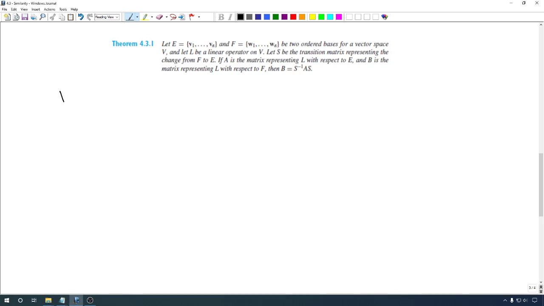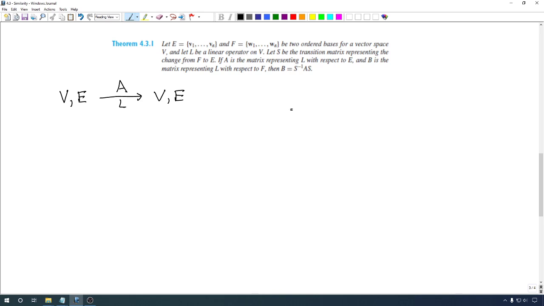If we have our vector space V using the basis E, we use L to take us from V back to itself, but using the basis E, so we're still working with L here, where it's just multiplying by A.